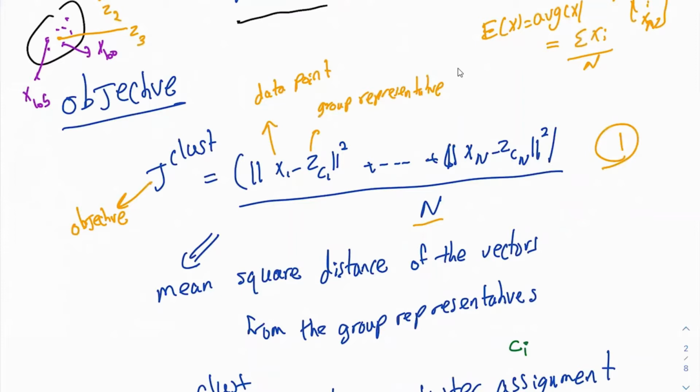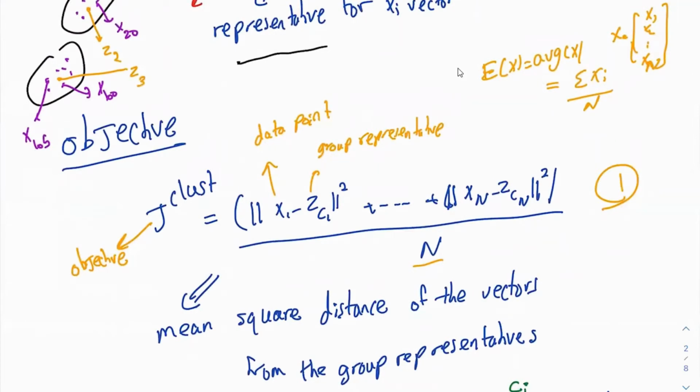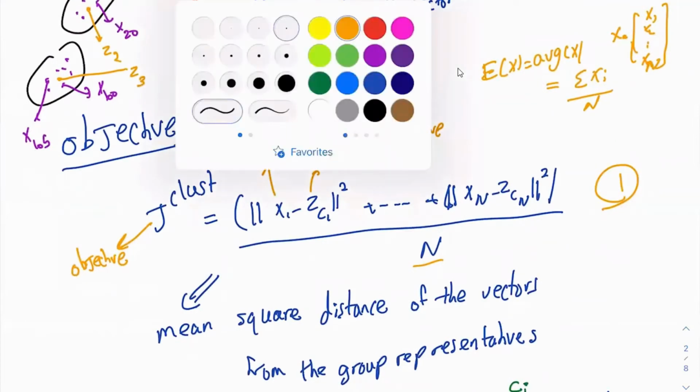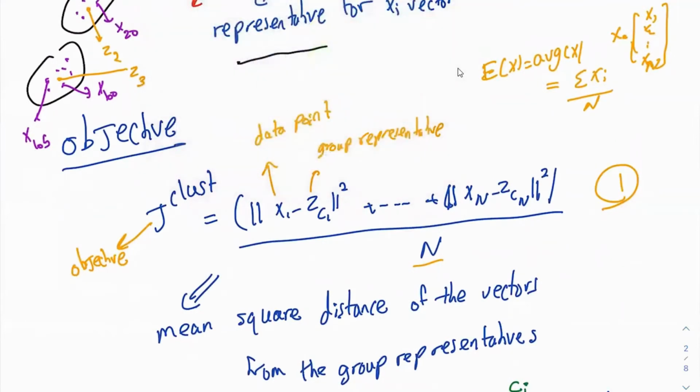Okay, why is this a good clustering objective? Because this is exactly what I explained before, what we are trying to do, we are trying to minimize this J class eventually. What does it mean?